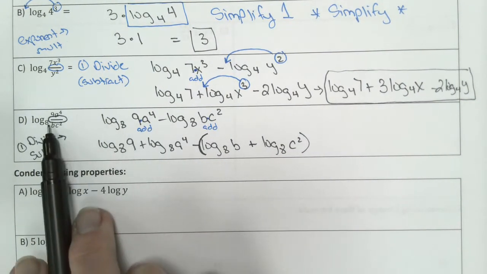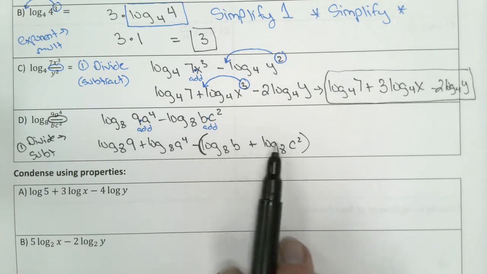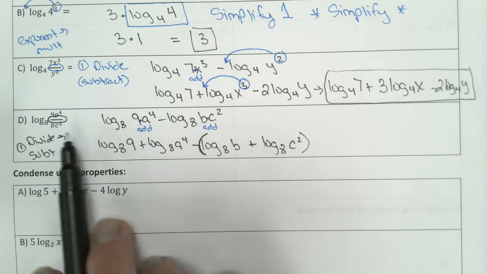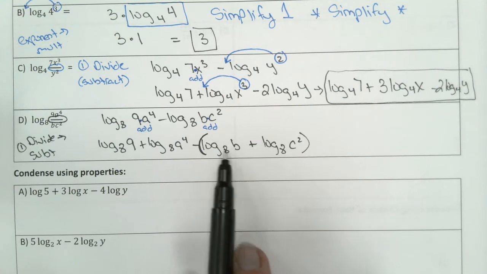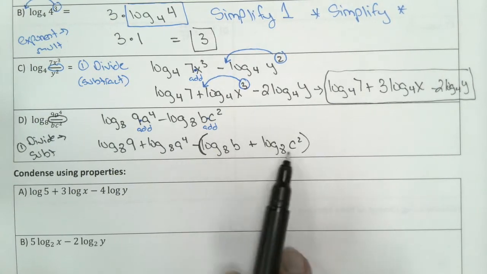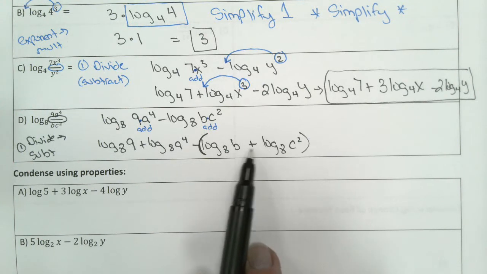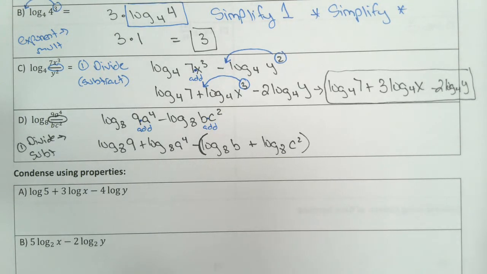So anytime that you have two terms in the denominator, you're going to want to use parentheses. So I have subtraction, where it separates the numerator from the denominator, and then if you have multiple terms in the denominator, those denominator terms are being multiplied together, so that's why I have addition right there, but the whole thing needs to be in parentheses.